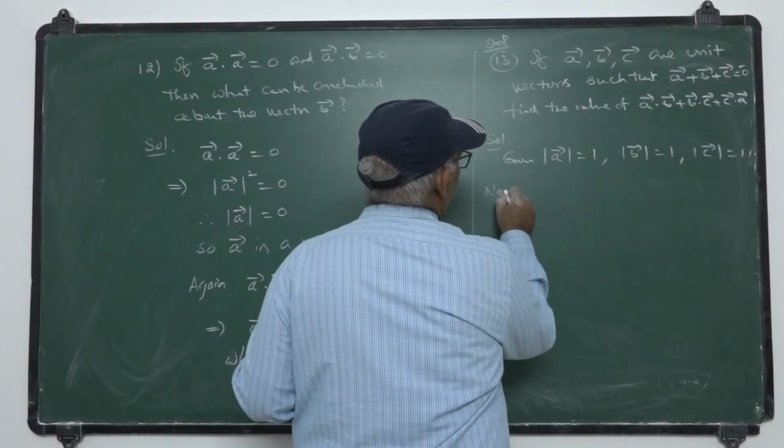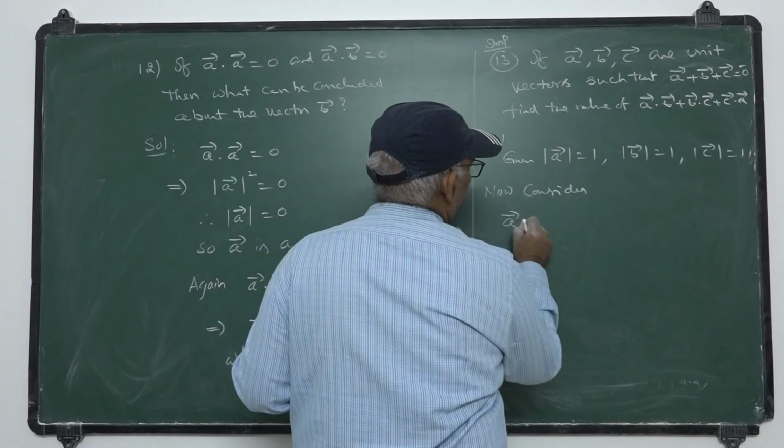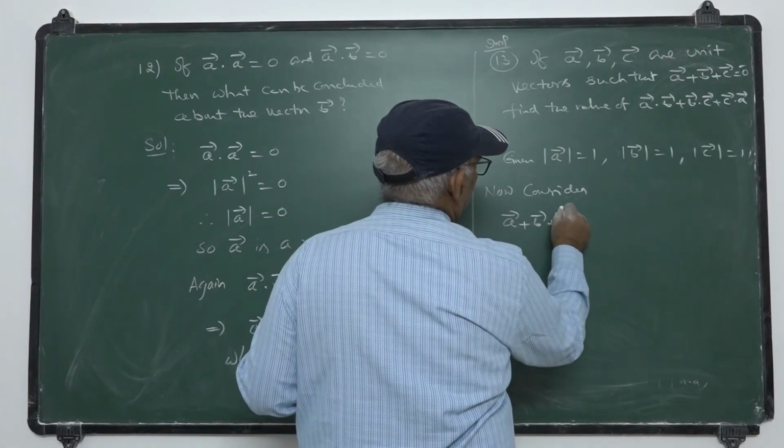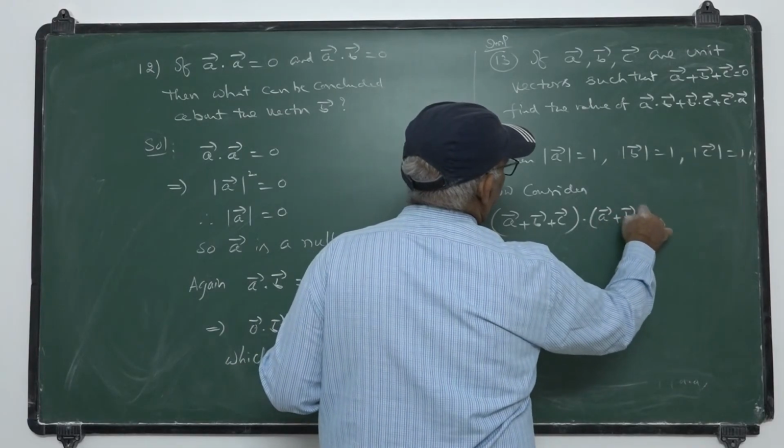Now consider A bar plus B bar plus C bar dot A bar plus B bar plus C bar itself.